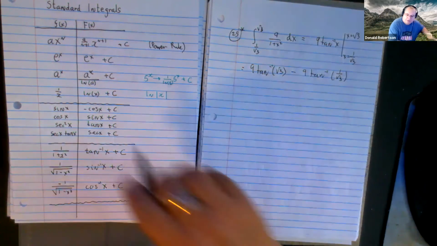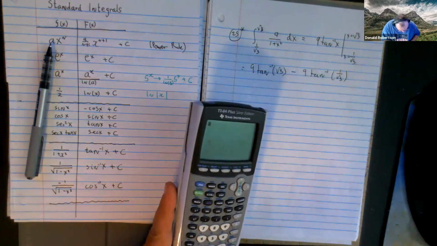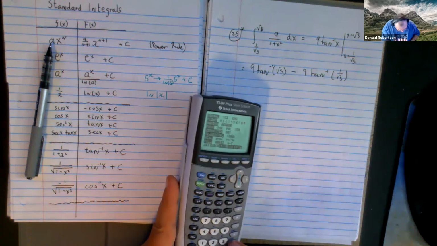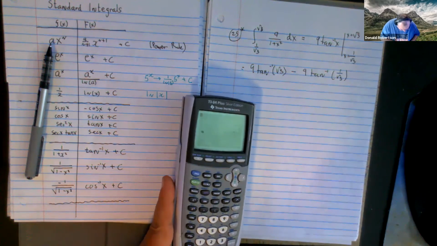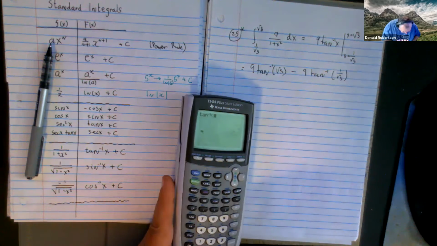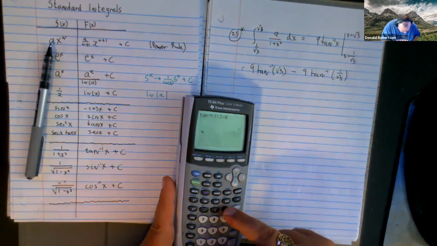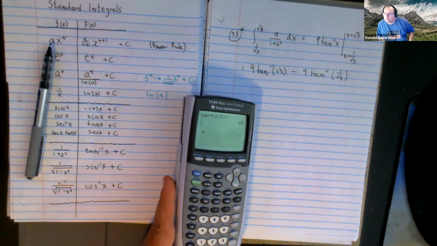Now, let me show you what you might do and why there's a problem with that. You might go into your calculator, probably put it in degrees because they're easier to see, and you might say inverse tan of square root of 3. And the answer comes back as 60 degrees.